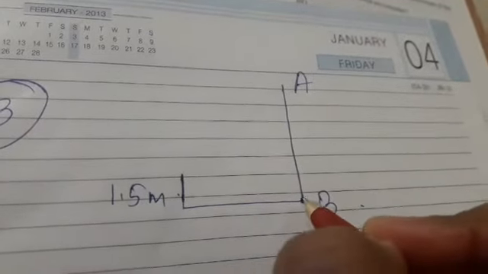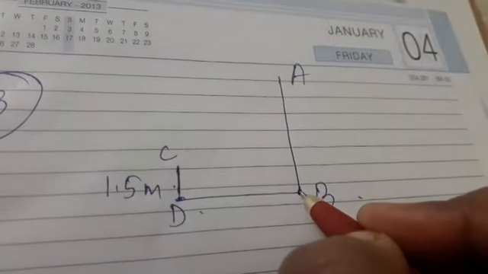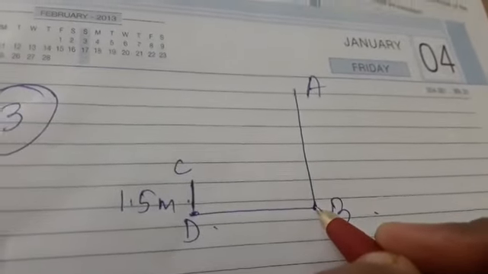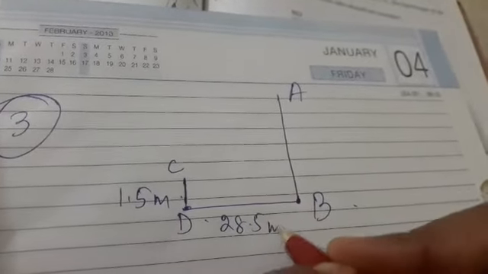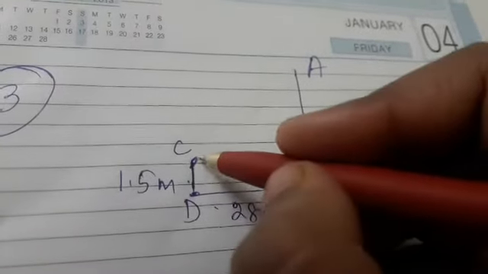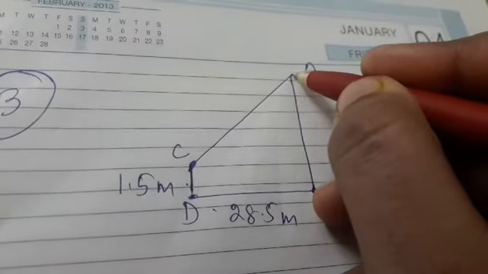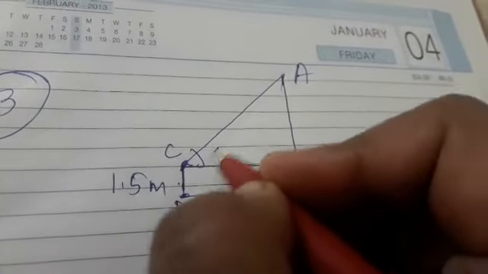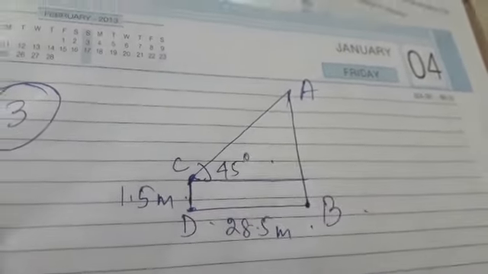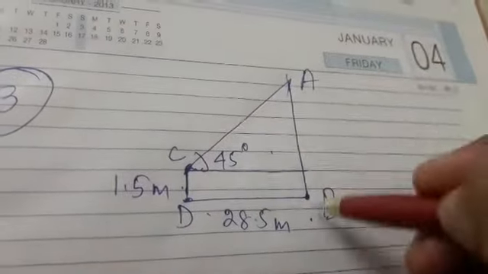The distance from point B, I name it as CD, the distance from the foot of the chimney, is 28.5 meter. From her eyes, the angle of elevation formed to the top of the chimney is 45 degree. We have to find the height of the chimney.